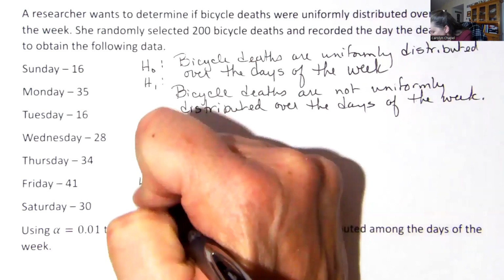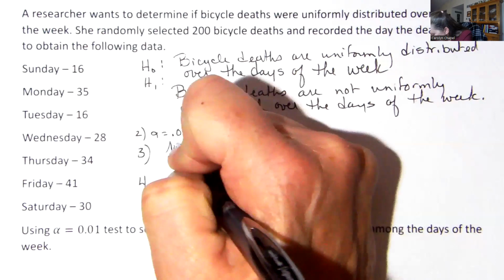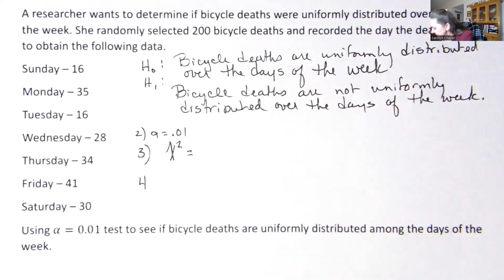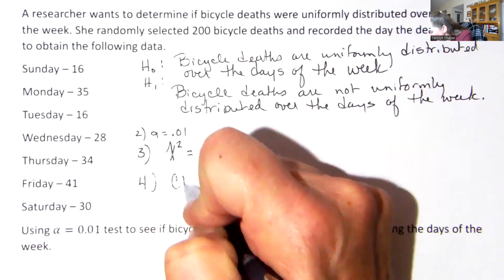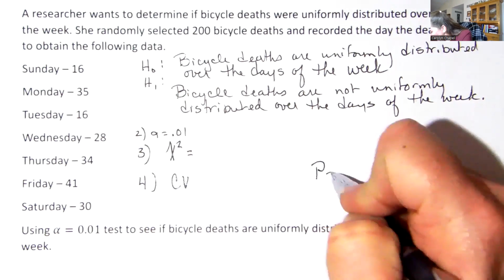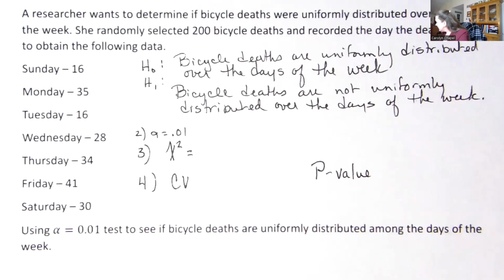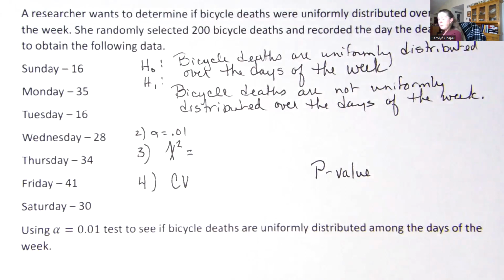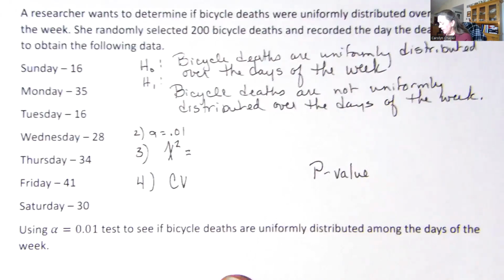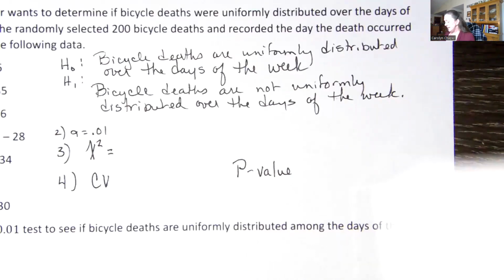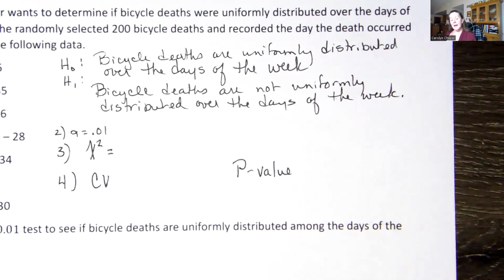Step three is that chi-squared. Step four is to either get our critical value or our p-value. And again, I like to do both just so we're exposed to both of them. But in reality, you only need to do one. As technology becomes more and more used, critical values are tending to fall by the wayside. P-values are becoming more popular.